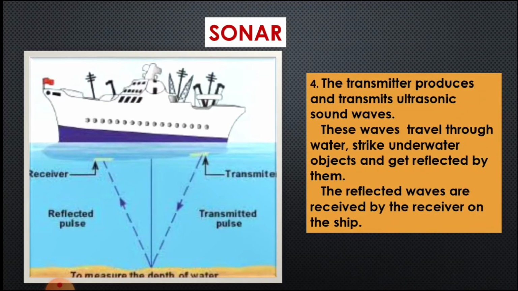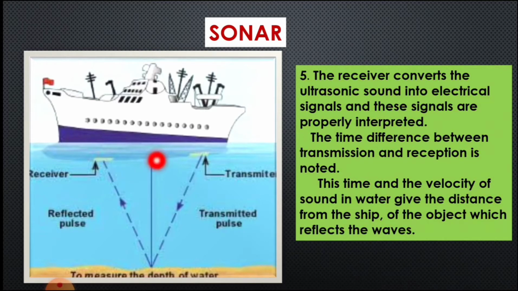The transmitter produces and transmits ultrasonic sound waves. These waves travel through water, strike underwater objects and get reflected by them. These reflected waves are received by the receiver on the ship.